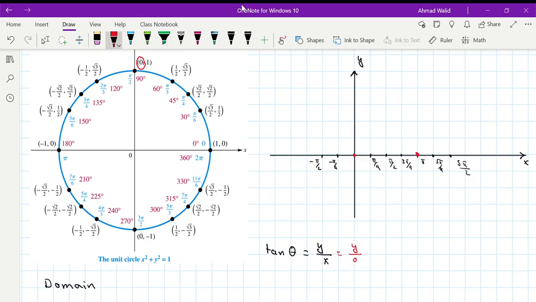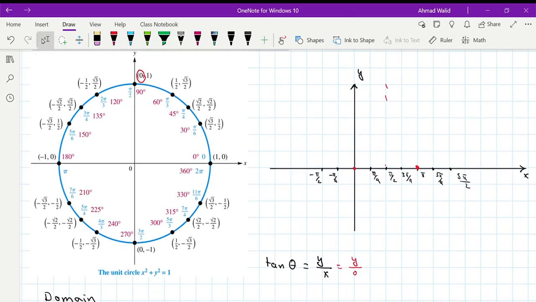Then at pi over 2, I will draw a nice vertical asymptote. Here you go. Let me use the ruler. If I can use my ruler, how to use it, even I don't know. I'll try to draw it really nicely with my hand.